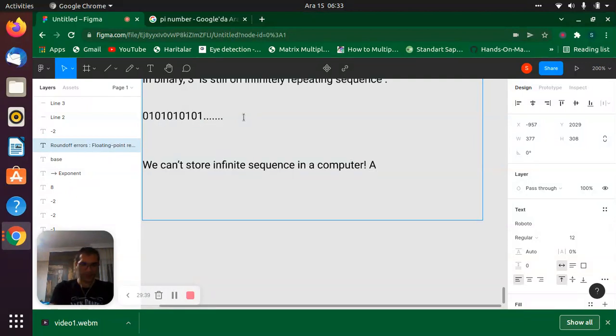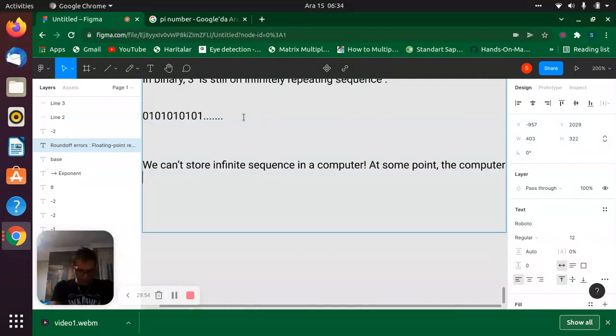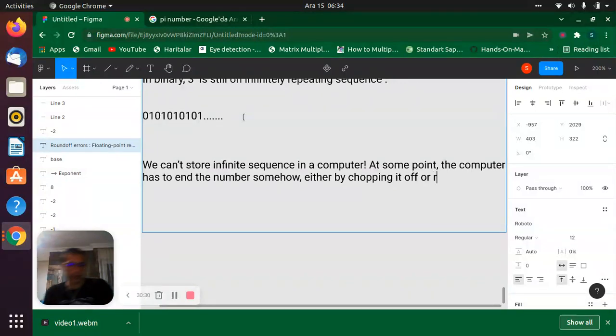At some point, the computer has to end the number somehow, either by copying, I don't know the word to explain, or by rounding.